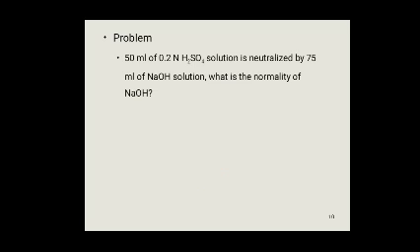One is an acid and the other one is a base. These two are neutralized using 50 ml acid and 75 ml base. Acid normality is 0.2N, base normality how much? H2SO4 volume is 50 ml, H2SO4 normality is 0.2.